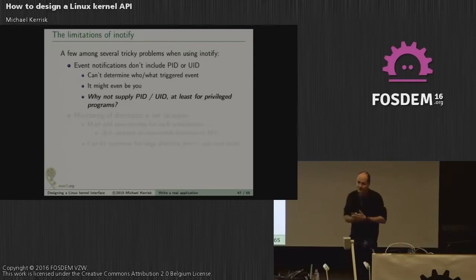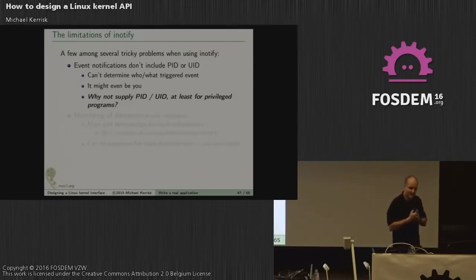So a couple of things that were tricky about iNotify. One thing is when you get notifications from iNotify, you get a host of information about the changes to the file. One thing you don't get, or perhaps two things you don't get, are the UID and the PID of the process that made the change in the file system.